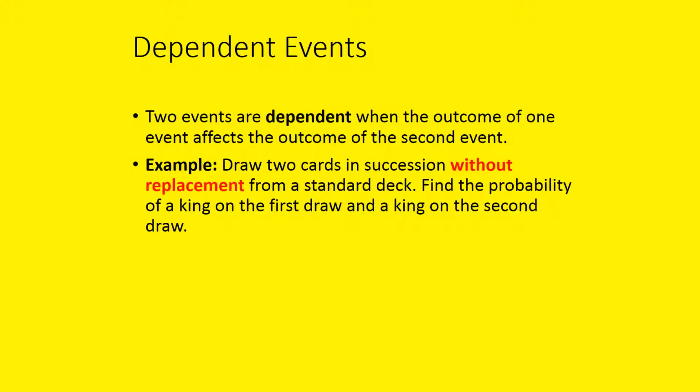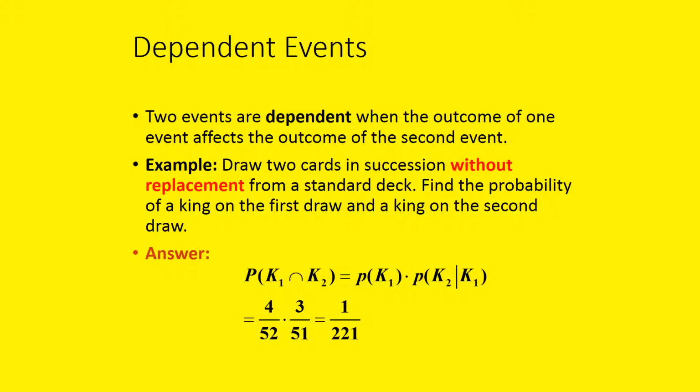Now, without replacement, we're still going to have 1/13 for probability of king on the first draw. But after that king has been drawn and not replaced, there are 51 cards remaining in the deck, only 3 of which are kings. And so 3/51 is probability of king on the second draw.